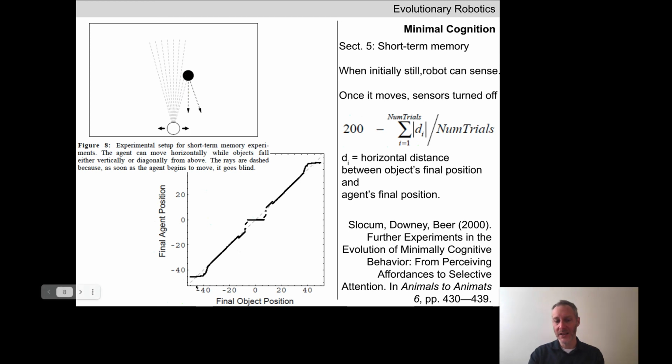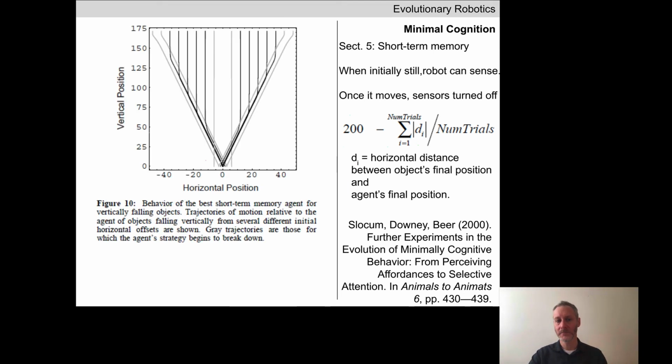When the object hits 40 centimeters to the left over here, the agent also doesn't quite get there. When the object hits directly center, bottom screen, the agent isn't always there either. In all the other cases, it did pretty well. As always, evolution gave us a pretty good solution, but not an optimal solution.